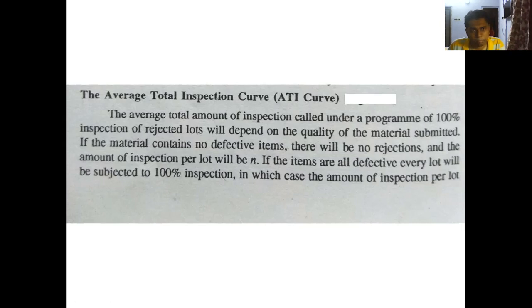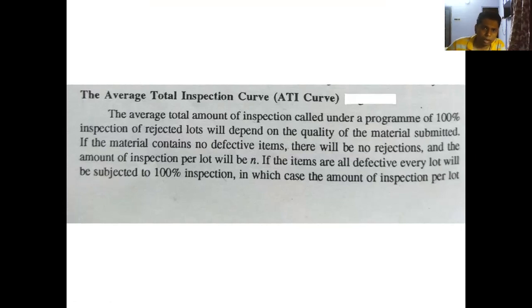And if the items are all defective, then every lot will be subject to 100% inspection, all the items will be checked. So if material is between 0 defective and 100% defective, then the average amount of inspection per lot will be between small n and capital N.